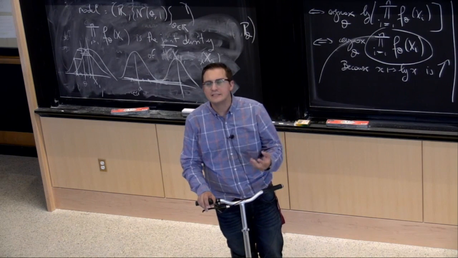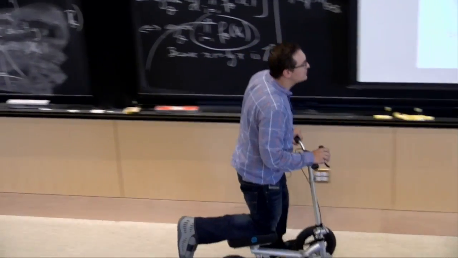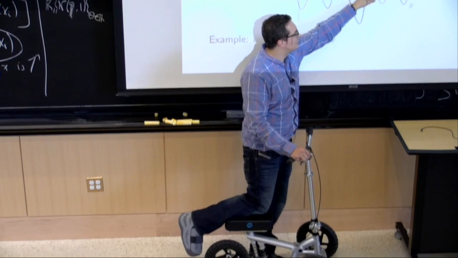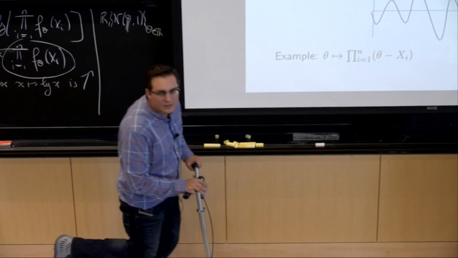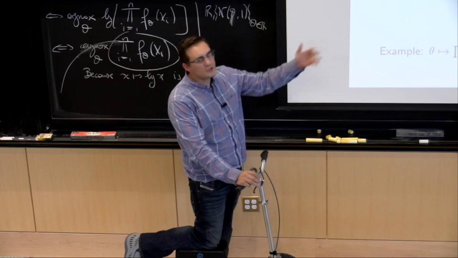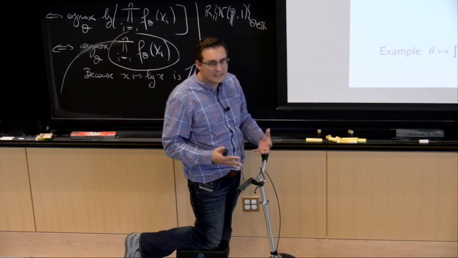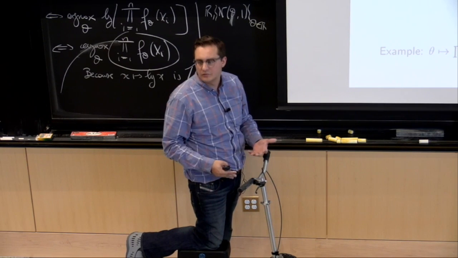But the thing is, this only guarantees that you have a local one. If I do it for this function, for example, this point is going to satisfy this criterion, this one is going to satisfy this criterion, this one, this one here, and this one satisfies the criterion, but not the second derivative one. So I have a lot of candidates, and if my function can be really anything, it's going to be difficult, whether it's analytically by taking derivatives and setting them to 0, or trying to find some algorithms to do this.